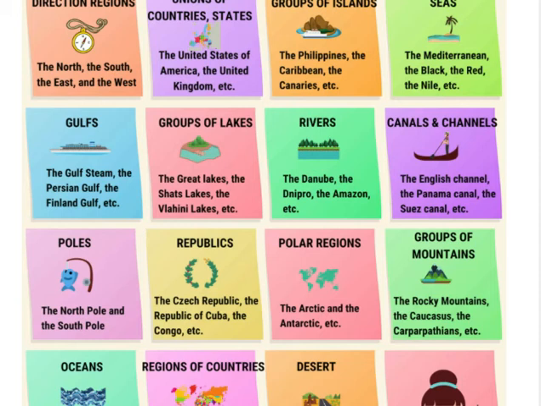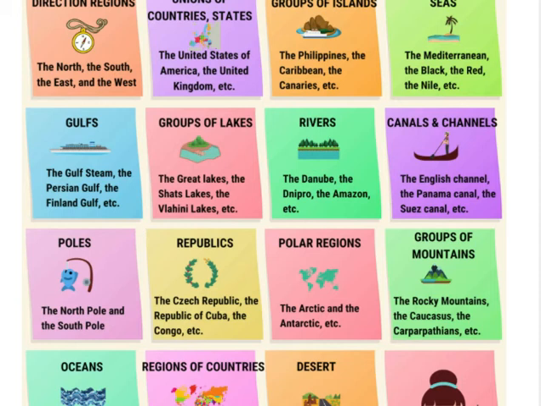Rivers, the Danube, the Dnipro, the Amazon, etc. Canals and channels, the English Channel, the Panama Canal, the Suez Canal. Poles, the North Pole and the South Pole. Republics, the Czech Republic, the Republic of Cuba, the Congo.